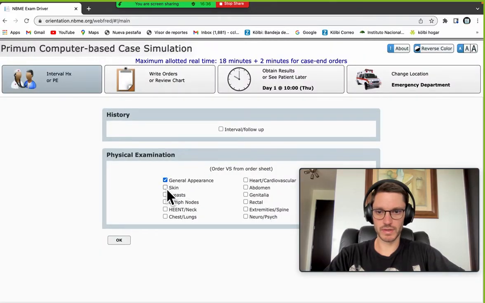Let's see, general, skin, chest, heart, and we want her, how is her consciousness, okay or not? Because these patients might have problems very quickly. So the hypotensive, their Glasgow scale might go down, so you want to know how they are doing.